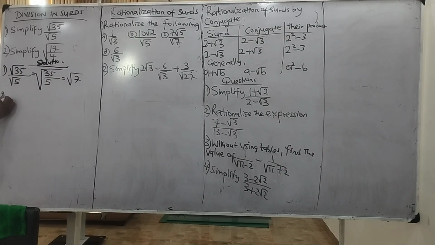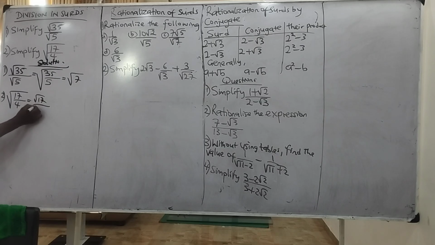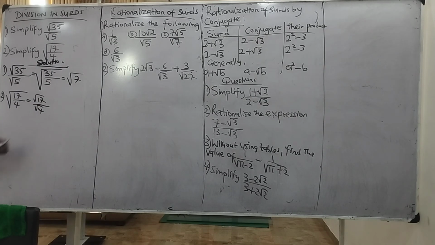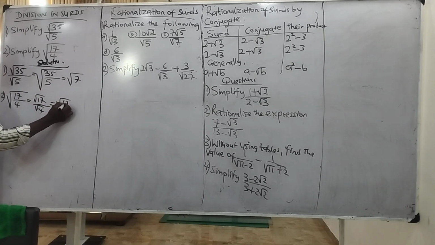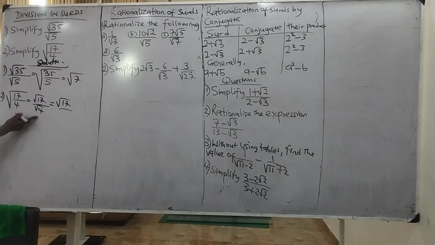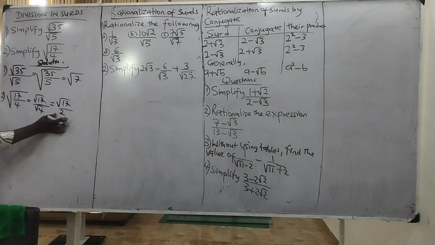Number 2, we have root 17 over root 4. I can split them out because 4 cannot go into 17. This means root 17 over root 4. The square root of 4 is 2, so you discover that from here there is no square root again.